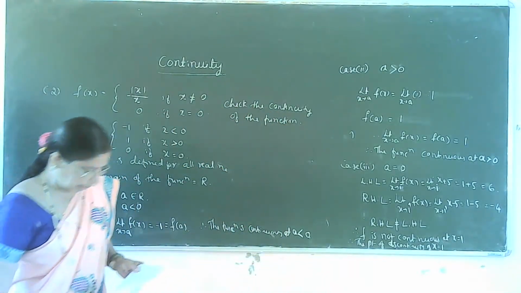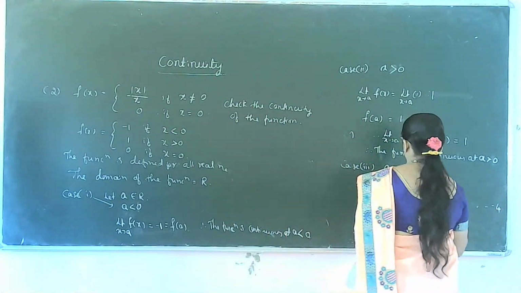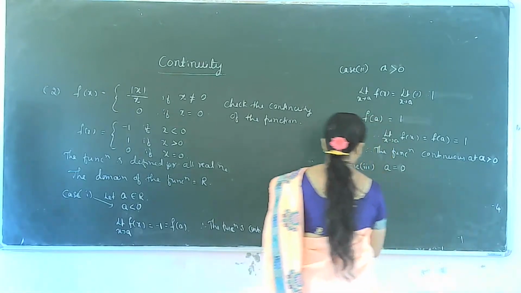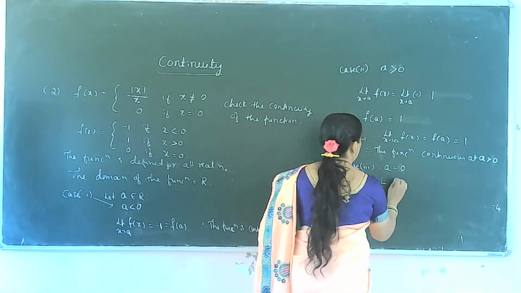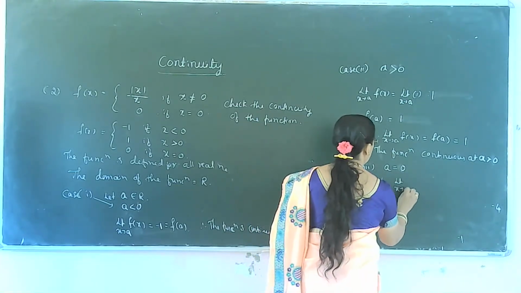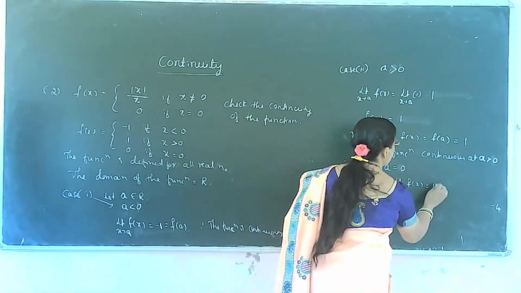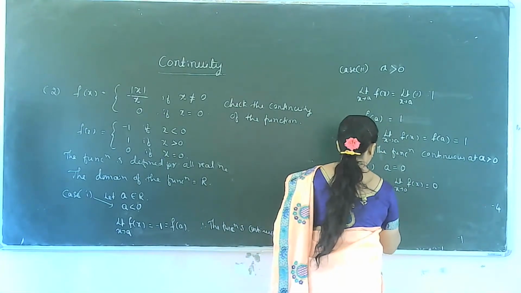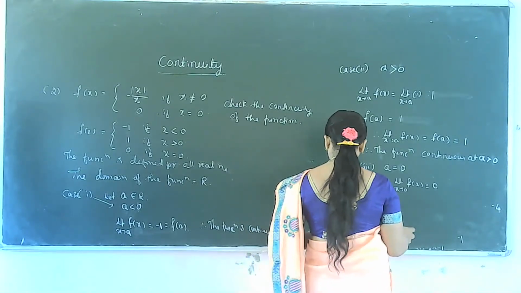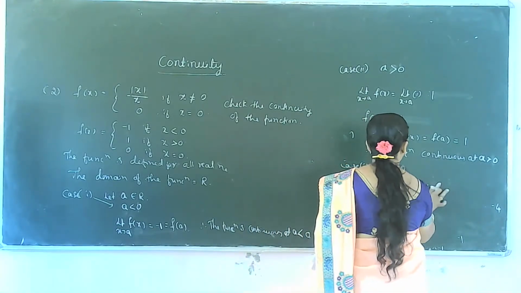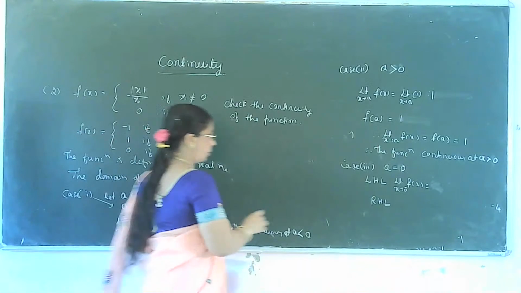Then the function LHL: limit of x tends to 0 minus, f of x, which is equal to minus x divided by x, which is minus 1.